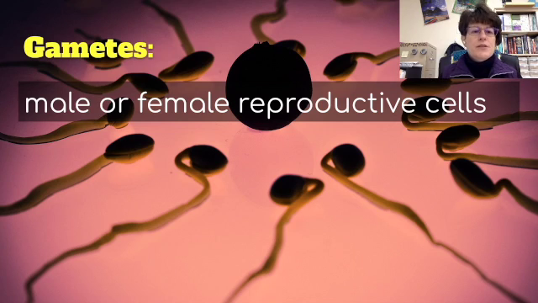Now, sexual reproduction involves gametes. These are male or female reproductive cells, and these are commonly the egg and the sperm. And I know there's probably some giggling going on here, but all organisms that reproduce sexually involve an egg and a sperm. Even plants reproduce this way.